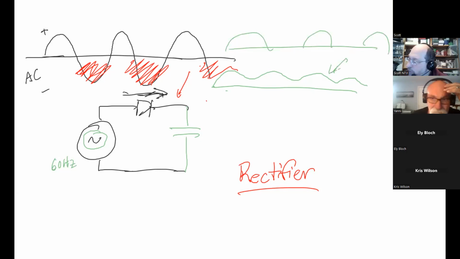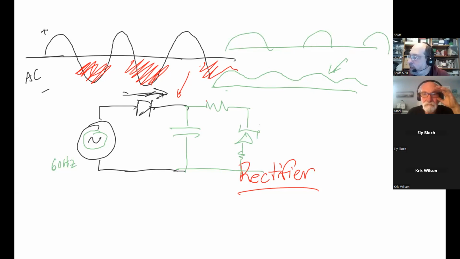And then you would take this and put it through a resistor and then a special kind of diode called a Zener diode, like that. A Zener diode is a special diode that works backwards. When the voltage gets up to a certain point, it says, nope, that's my maximum.